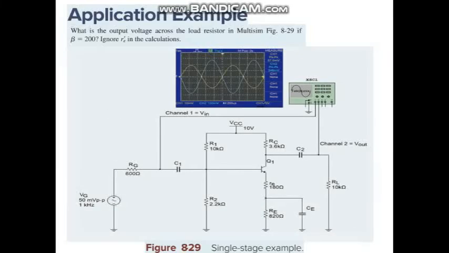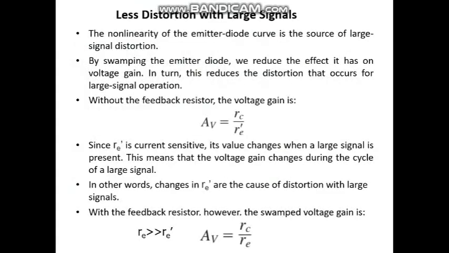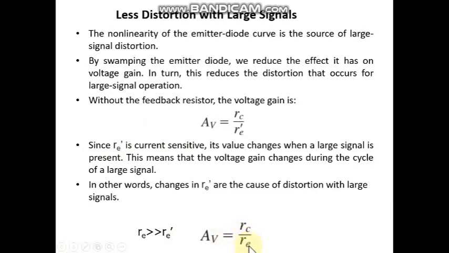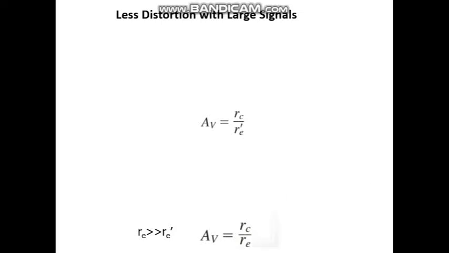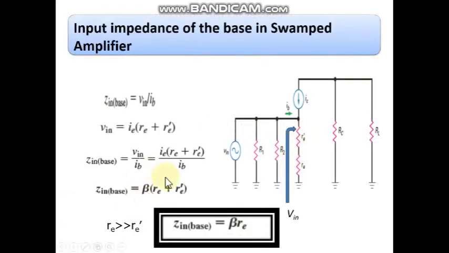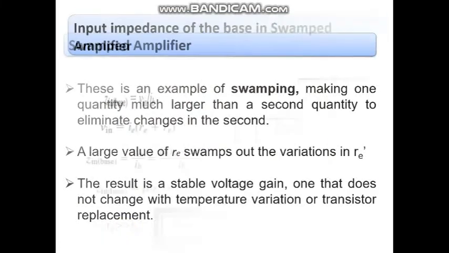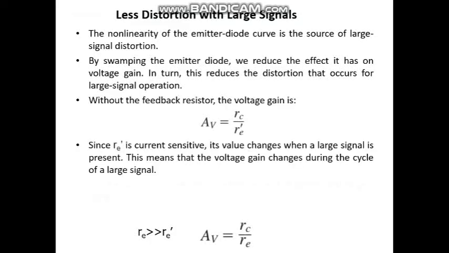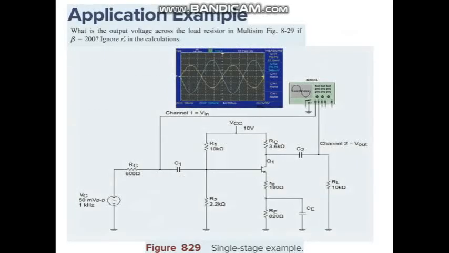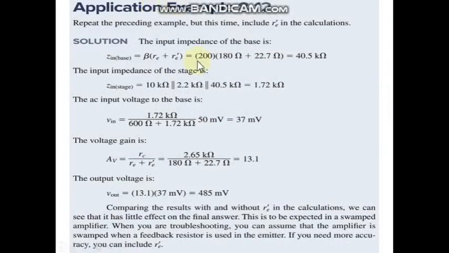So in our equation we are using directly AV equals RC upon RE, but actually it is RC upon RE plus RE dash. So now we are not supposed to ignore the value of RE dash. Considering the value of RE dash, the calculation will be done once again.